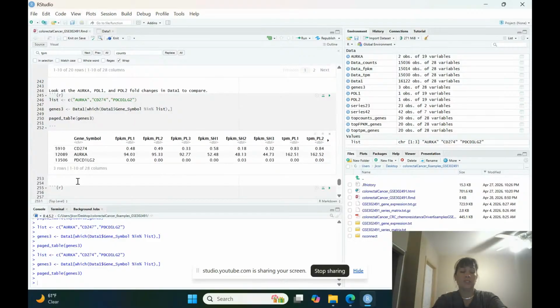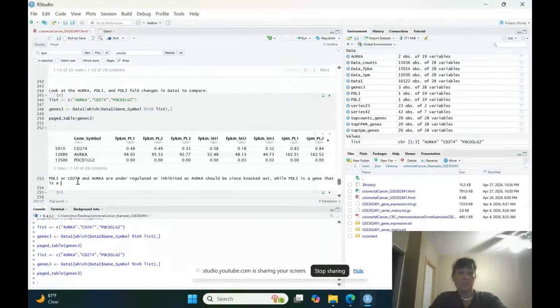Okay, yeah, so PDL1 or CD274 and AURKA are underregulated or inhibited, as AURKA should be since knocked out, while PDL1 is a gene that is, I'm not going to say putative, a known EBV latent activation gene in lymphomas associated with EBV.